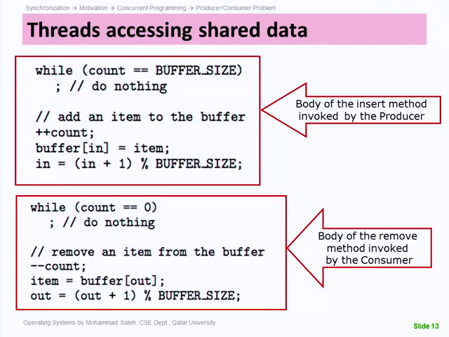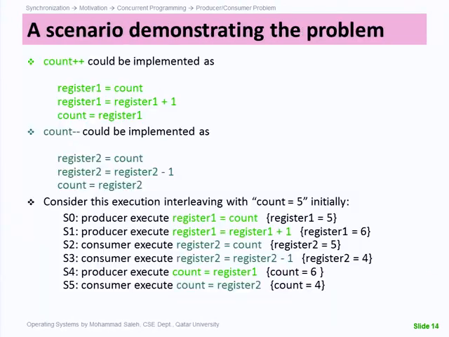Knowing that count here is accessed in one statement, but this is a high-level statement, count plus plus, count minus minus. However, we said this involves 3 instructions, and an interrupt can happen in between instructions, correct? Leaving the count in an inconsistent state. To demonstrate that, let me give you this scenario.